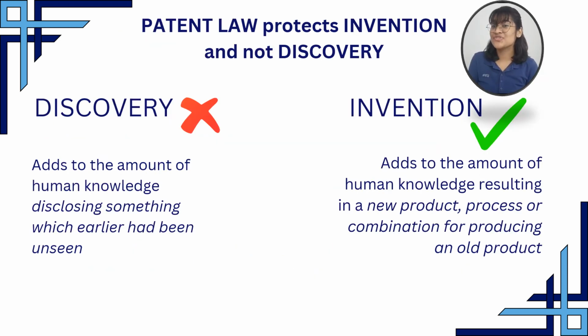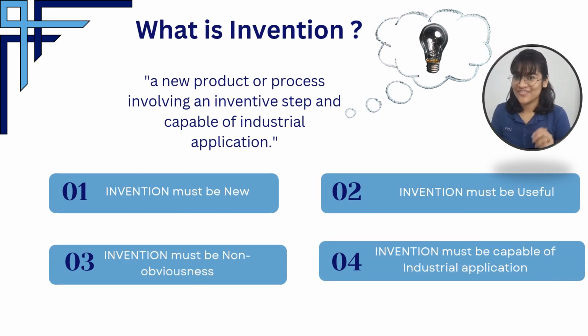An important point to be noted is that patent protects invention and not discovery. Discovery is mere disclosure of something which was unseen, but invention leads to a new product or a new process or combination for producing an old product. An invention is a new product or process involving inventive steps and capable of industrial application.